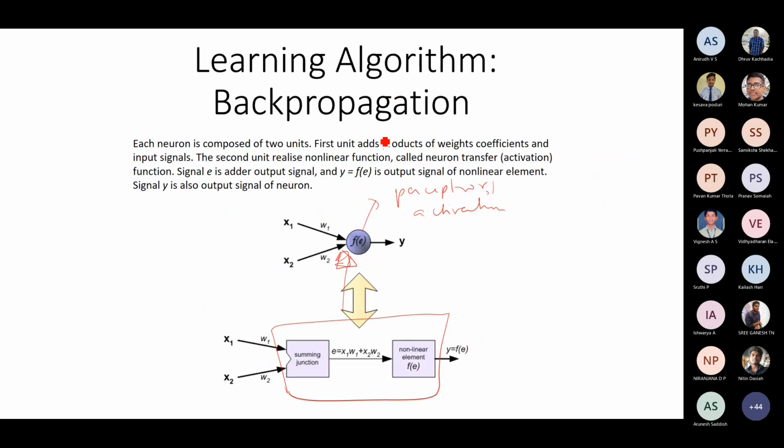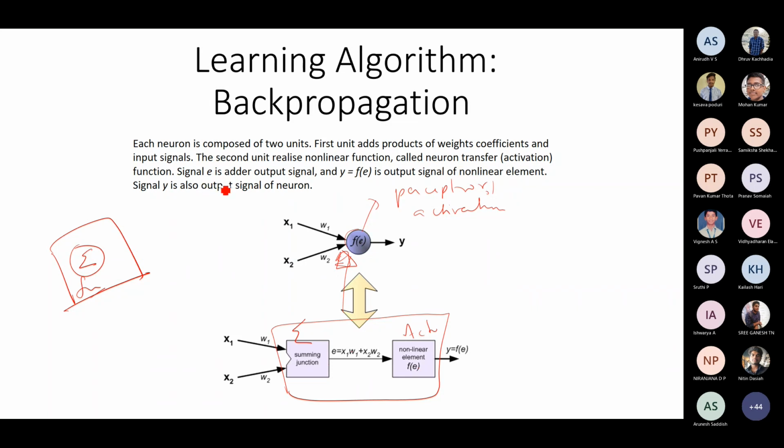Now let us do this backpropagation. Here each neuron is composed of two units. One unit is basically a summer, and the other is an activation function. That is what this circle tells you.